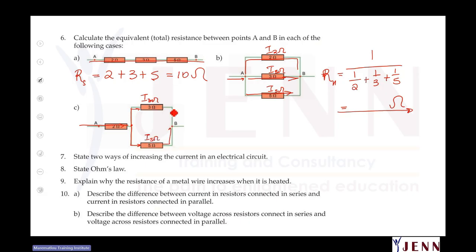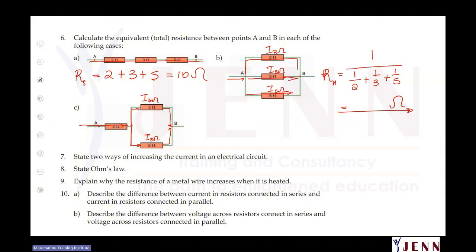The two currents will meet now at point B. So the 2 ohm resistor is connected in series, and the 3 and 5 ohm resistors are connected in parallel, and their effective resistance is connected in series to the 2 ohm resistor.